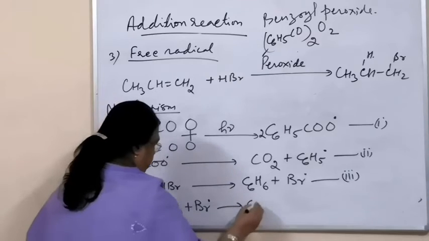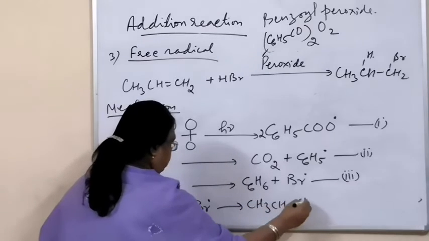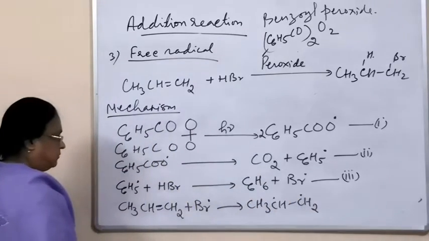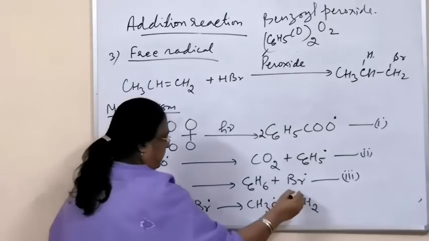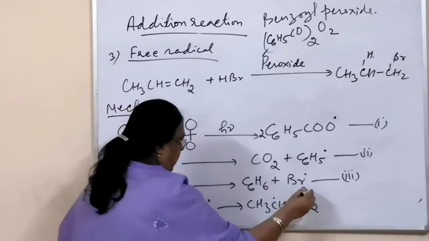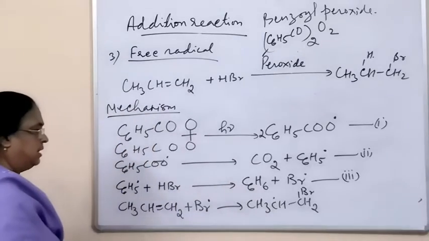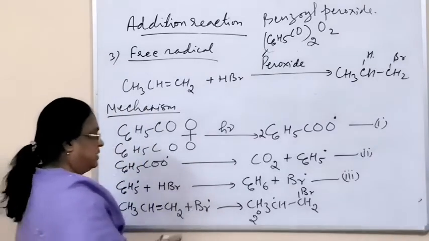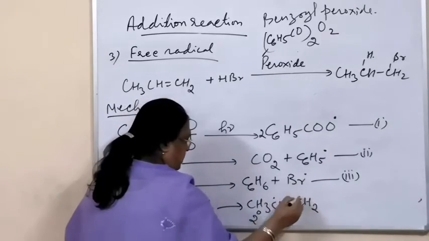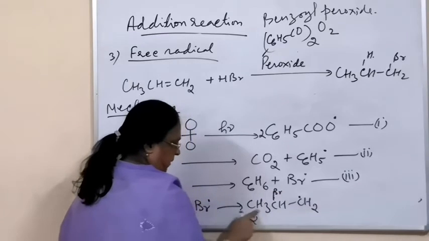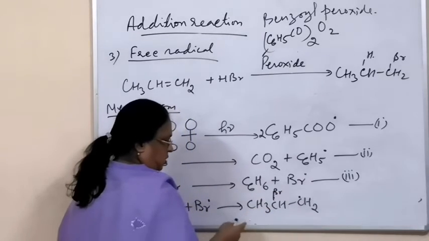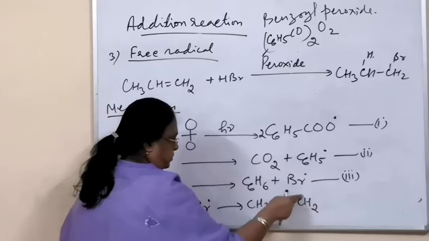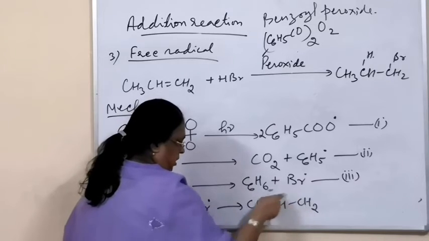So we will have CH3, CH, CH2, and we will have one dot here and one dot here. Br dot will be combining here and will be forming CH dot. This is your secondary free radical. And you know secondary free radical, if this would have attached here, then we would have got primary free radical, and you know primary free radical is not that stable as the secondary, and so reaction will not be proceeding through unstable free radical.